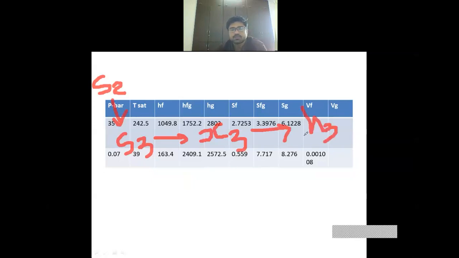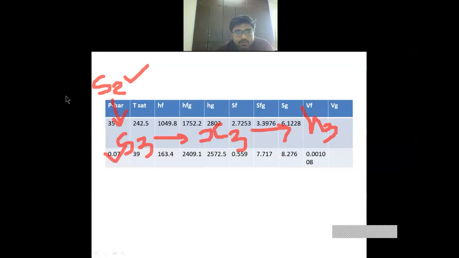First of all you need to find out S2. Once you find S2, S3 is easy because S2 is equal to S3. Now from S3 you can find X3, and from X3 you can find H3. I hope you understood my point.